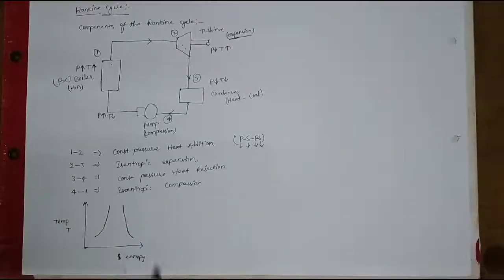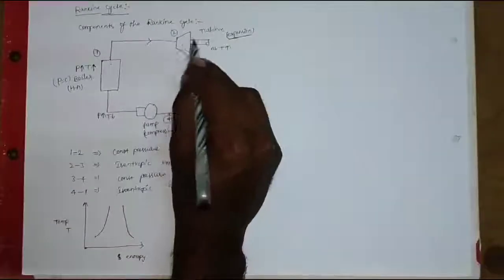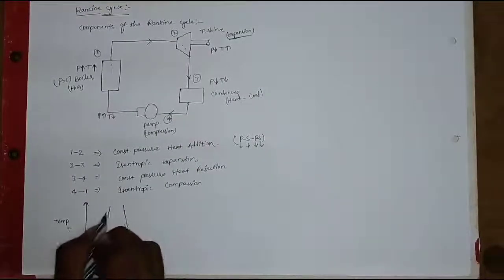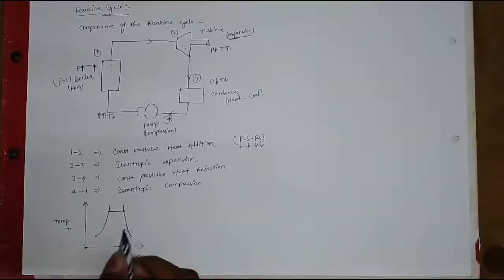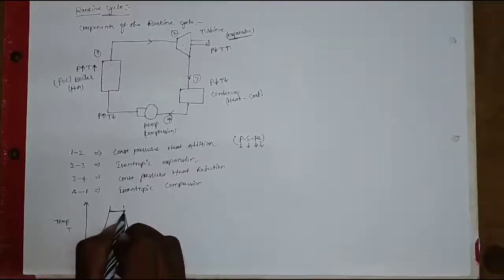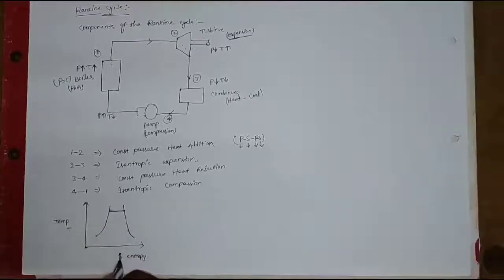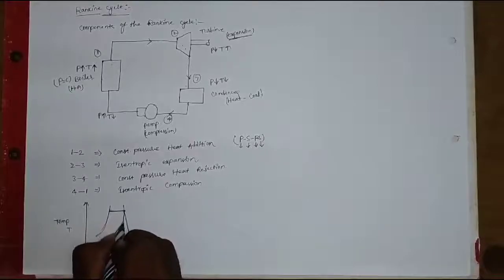And now the second point will be indicated there, and 1 to 2 is constant pressure heat addition, and 2 to 3 is isentropic expansion. Isentropic, entropy is constant, so a straight line.